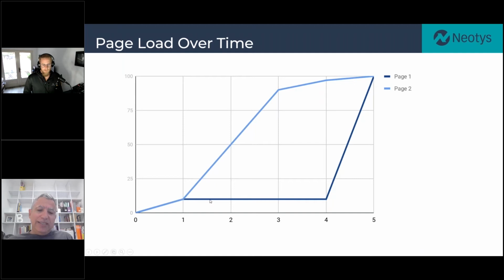What you can see is after 3 seconds, in one example we are at 80 or 90%, and in the second example we are at 10%. So you can see that the area on top of the graph is smaller in the first example I've shown, and this is the way you want it to be.